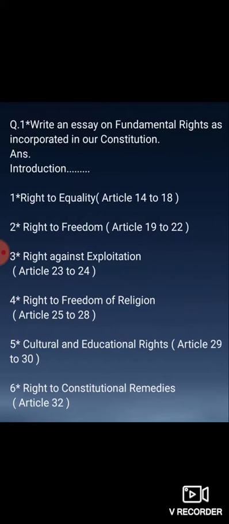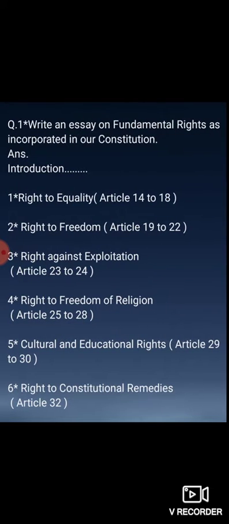Article 23 provides that traffic in human beings and begar, means forced labor, and similar other forms of forced labor are prohibited. Article 24 prohibits the employment of children below the age of 14 years in any factory, mine or other hazardous, means dangerous, employment.